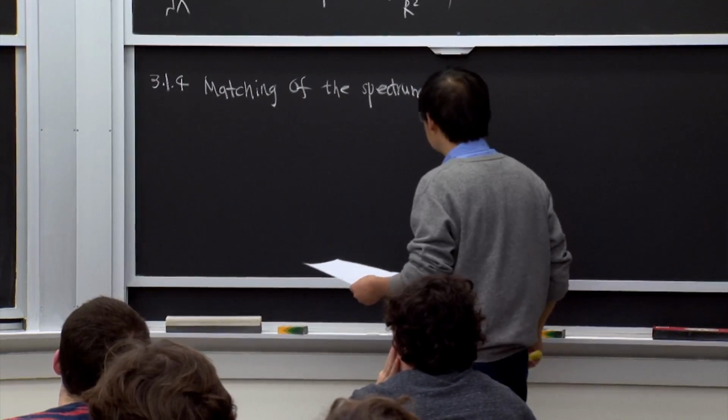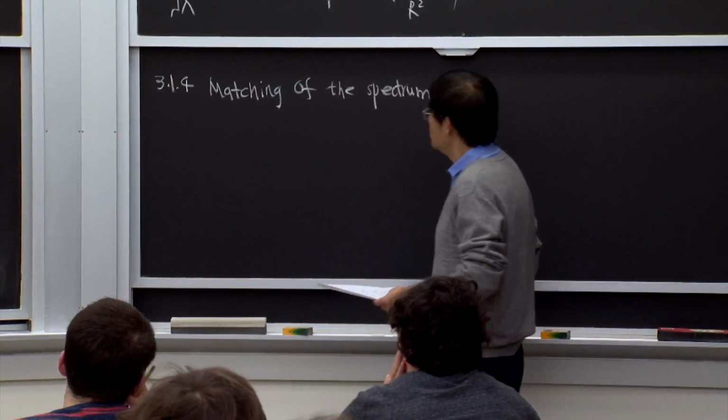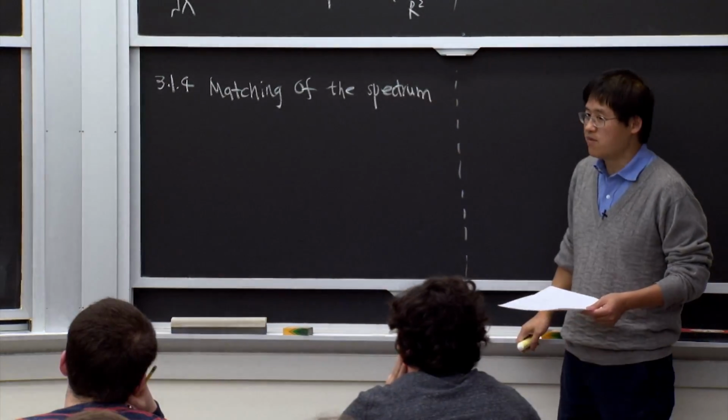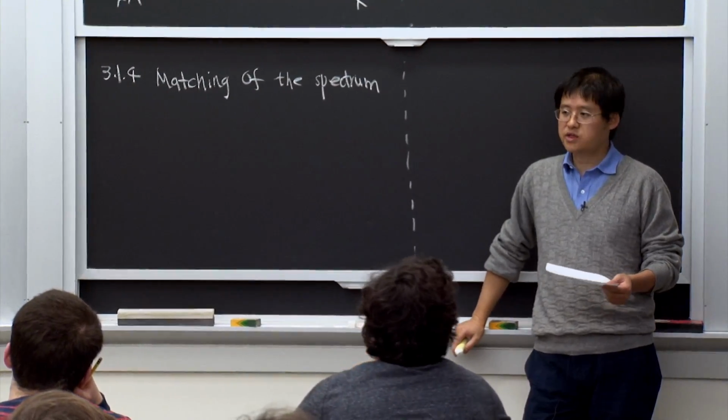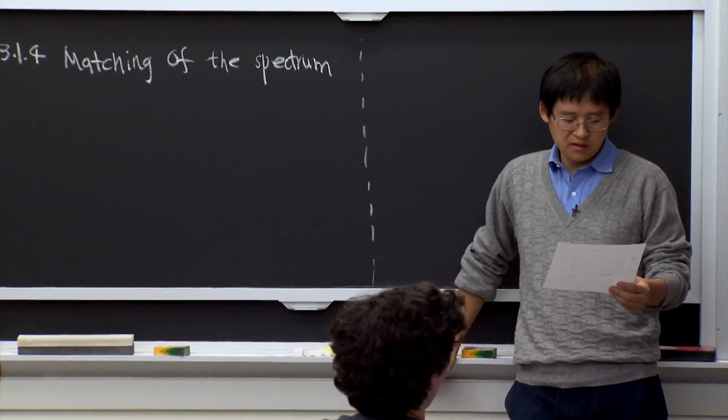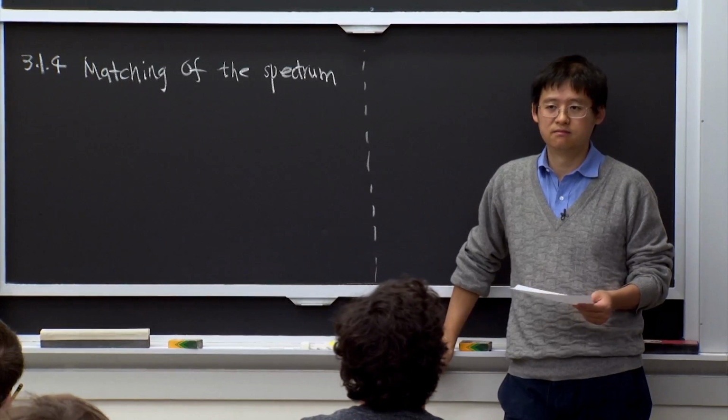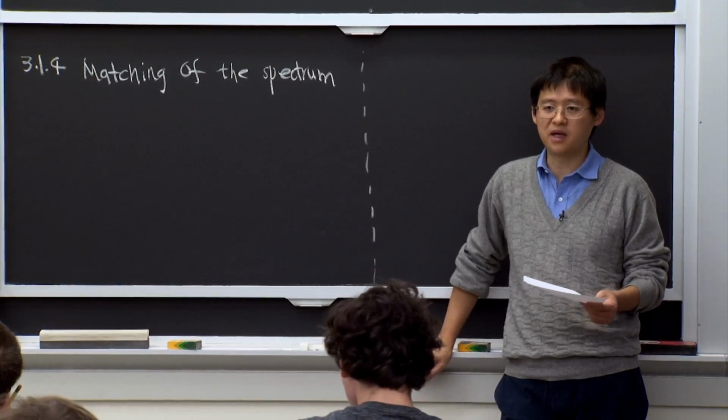So if the two sides have to be the same, then you should be able to map their spectrum. You should be able to map their Hilbert space, for example.